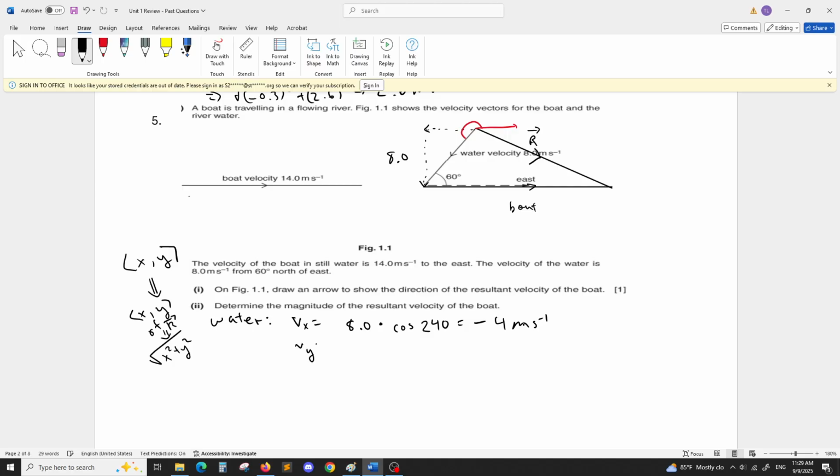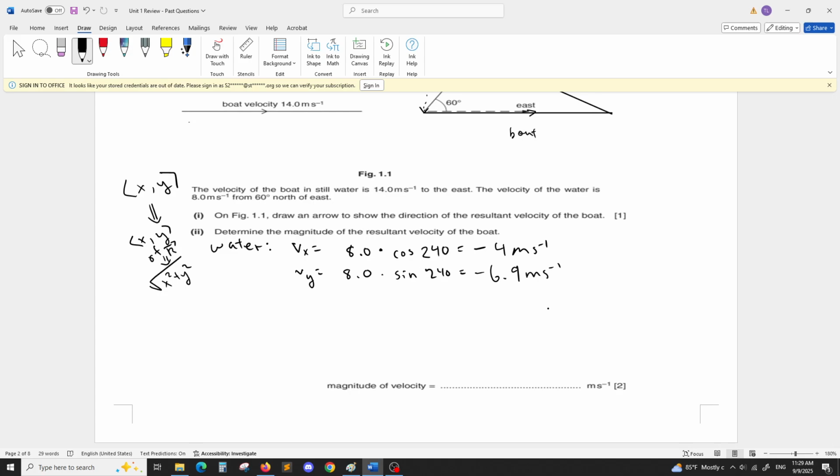And then Vy is equal to 8 times sine of 240, which is equal to negative 6.9. And then we can calculate our boat velocity.